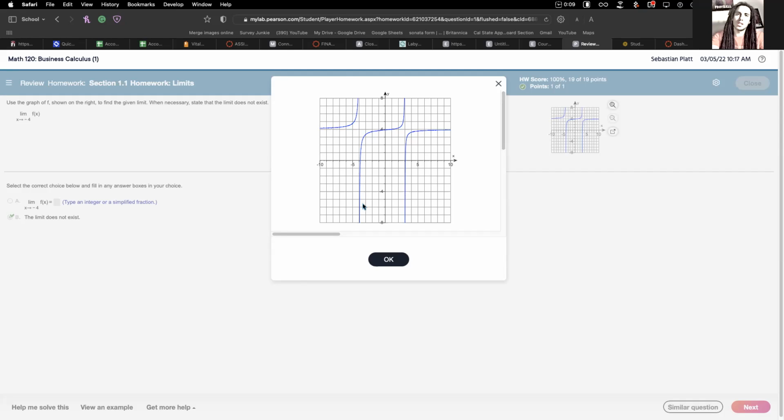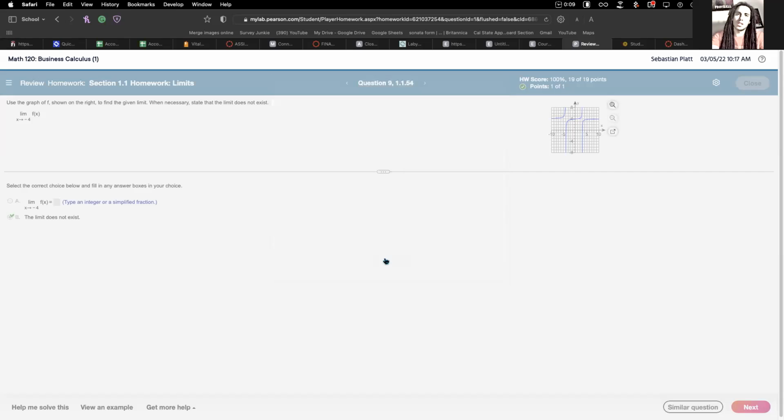It's getting really, really close as the nines just keep adding up, decimal place after decimal place. But it never quite touches it. It never crosses that line. It always stays on the right side of negative 4 and never crosses to the left. So because of that, the limit does not exist, even though it may look like it does.